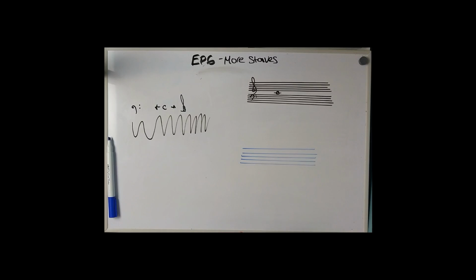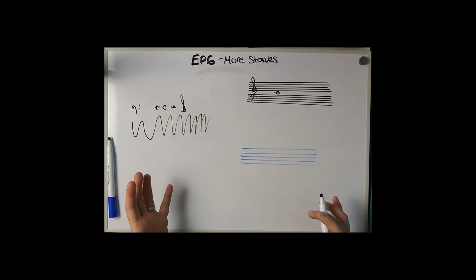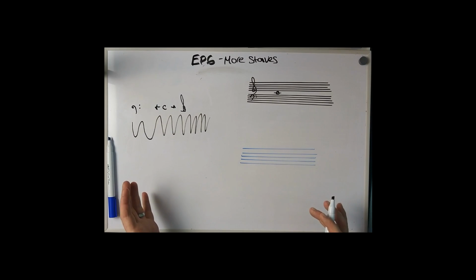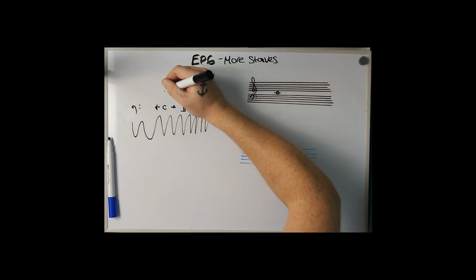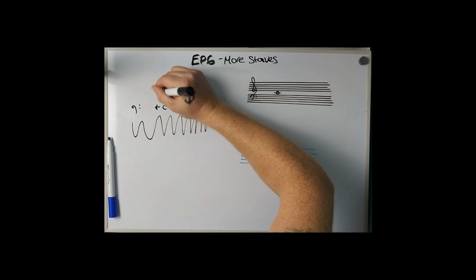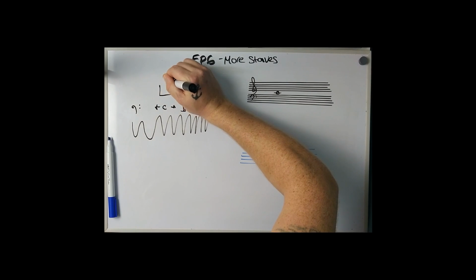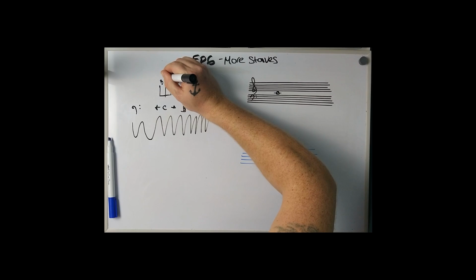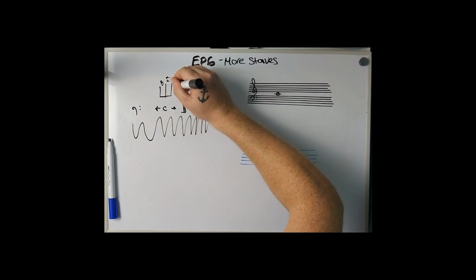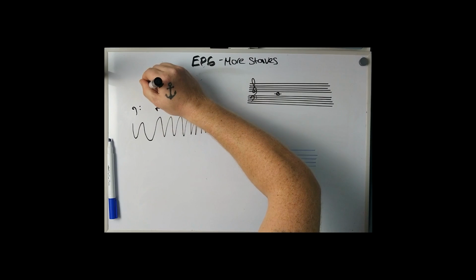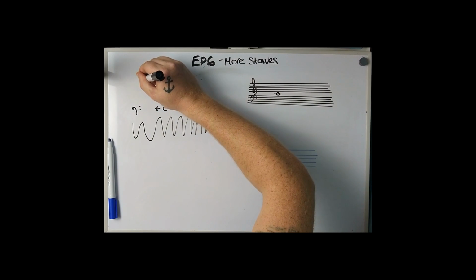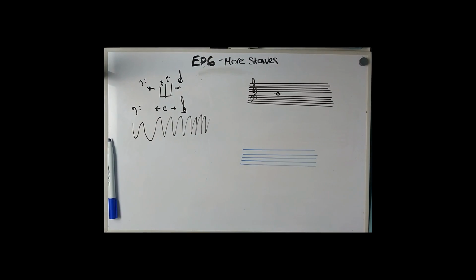For example, if we were to look at a piano, it uses both clefs. As a rule, again, back to this, on the piano we'll have our keys here. So we've got B and we've got middle C. Anything on there tends to be in treble, and anything that way down there tends to be in bass clef.